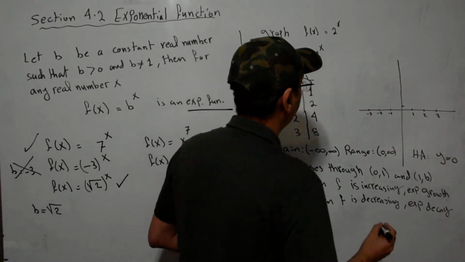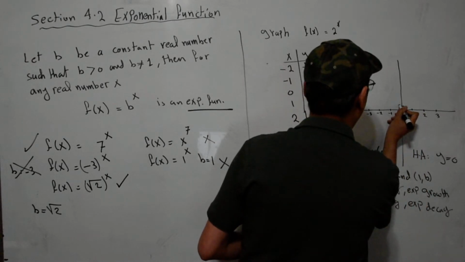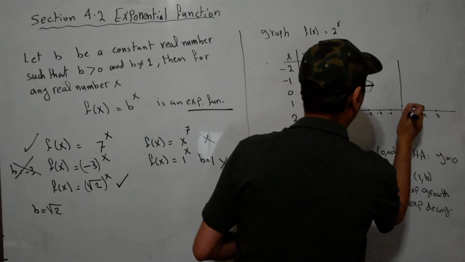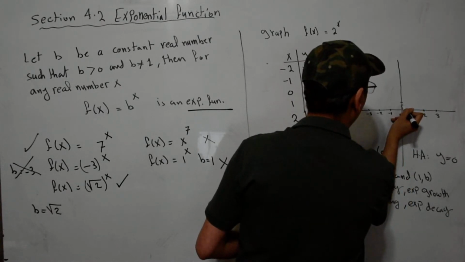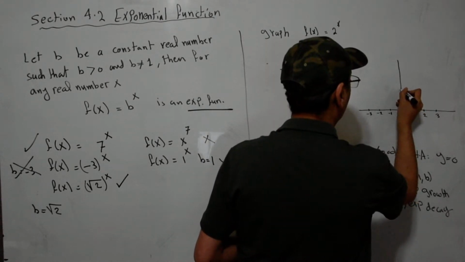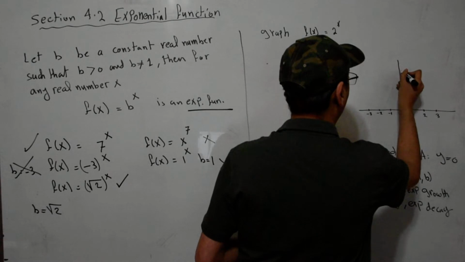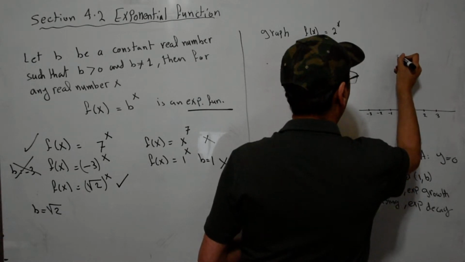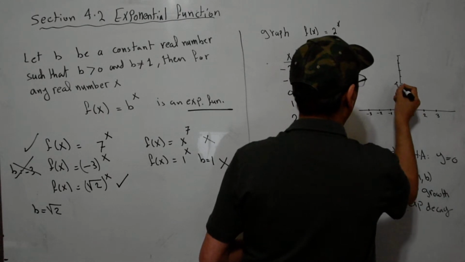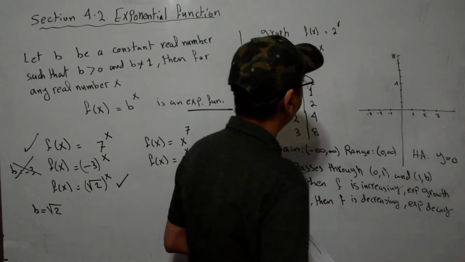And on the vertical axis, let's say this is 1, this is 1/2, and this is 1/4. Then 1, 2, 3, 4, 5, 6, 7, and 8.